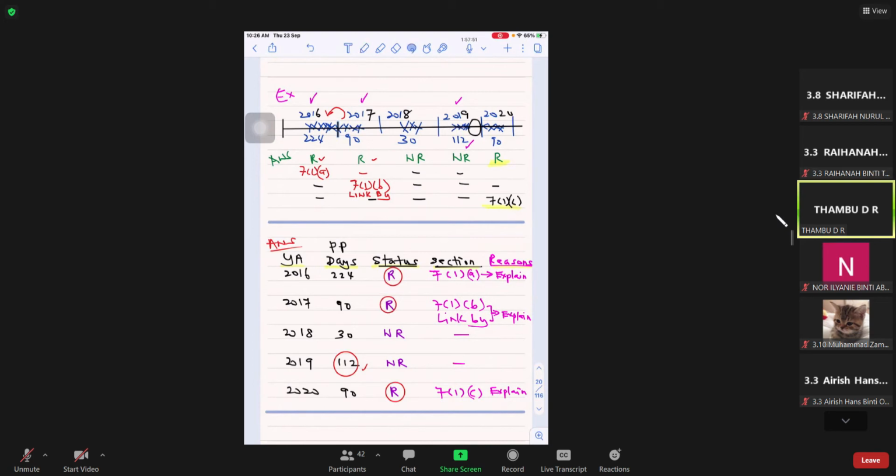In the last 4 years, you need a resident or 90 days, any 3 years out of the last 4 years. So you can see that. Okay. So the ticks, 3 ticks, 1, 2, and number 112. 3 ticks.